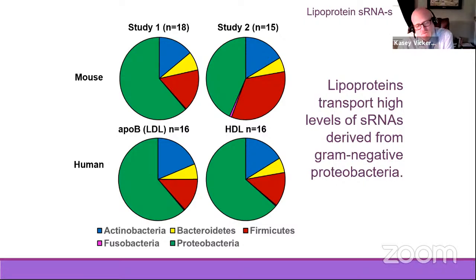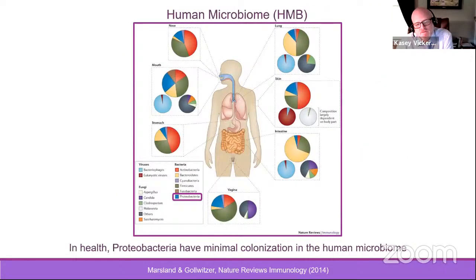This is interesting because in the human microbiome, Proteobacteria is usually excluded. In health, Proteobacteria have minimal colonization within the microbiome. There's a few sites in the body where Proteobacteria can grow. Now in states of IBD and other diseases, Proteobacteria will flourish.